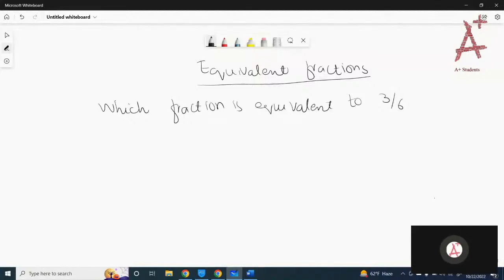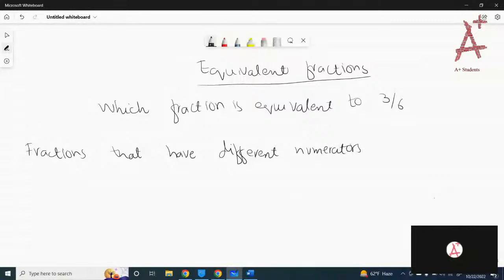Equivalent fractions: fractions that have different numerators and denominators, but are equal to the same value.